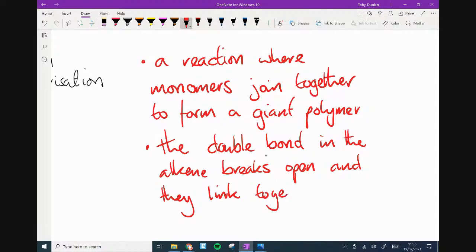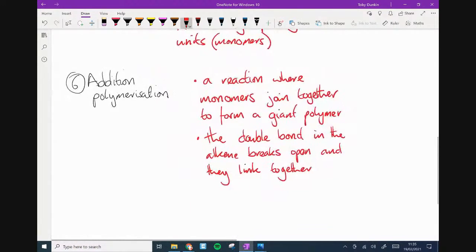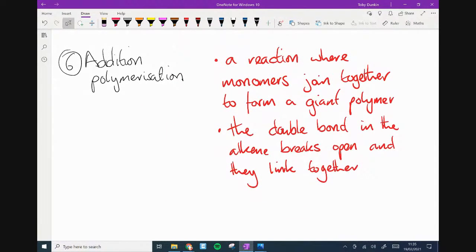You're done. So it's just a description of the process. You say that the monomers join together to form a polymer, 1 mark; the double bond breaks open, and they then link together. You're telling them that without that double bond breaking open, it doesn't happen. That's what you're doing in the description of this reaction.